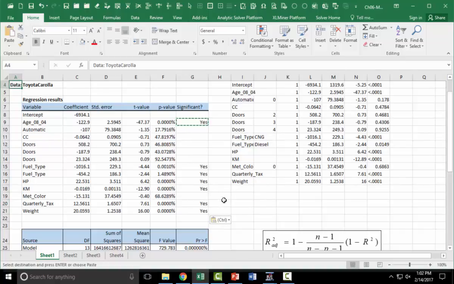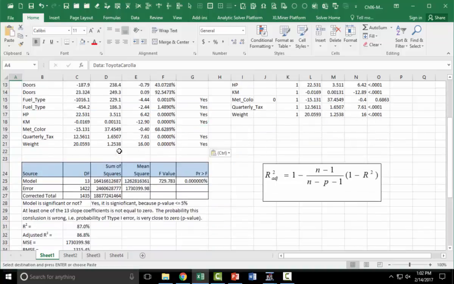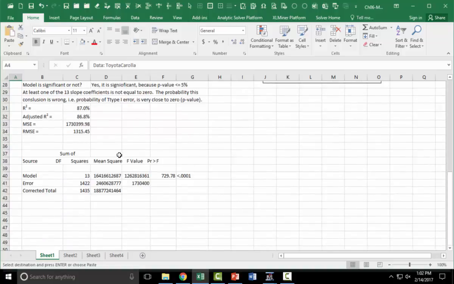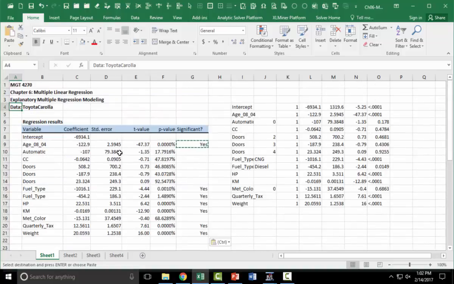The rest of them are not significant, and with the coefficient and standard error, we can compute the margin of error and construct a confidence interval, if you want. All of these are techniques that you would use for explanatory modeling.